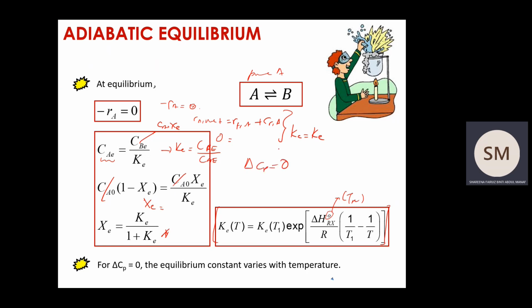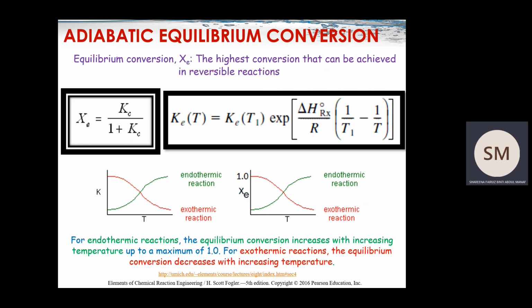So the equilibrium conversion X_E, the highest conversion that can be achieved in reversible reactions, is X_E equal to Kc over (1 plus Kc). Substitute the value of K_E here; K_E or Kc, they are the same now.